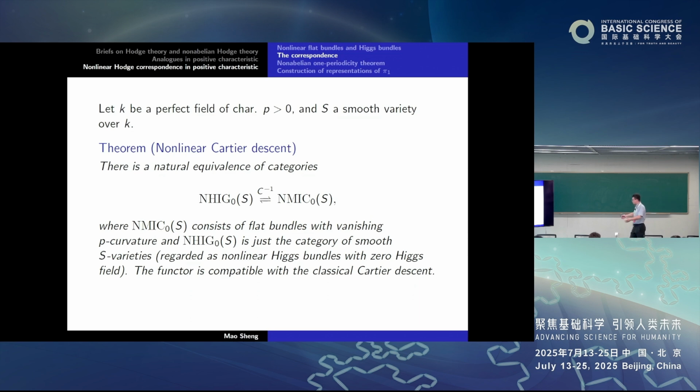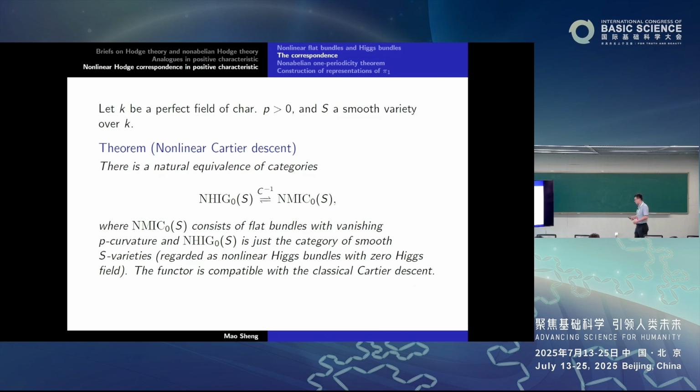You have a smooth morphism over S, which we regard as a nonlinear Higgs bundle with zero Higgs field. Interestingly, this category corresponds to some objects which are pairs: a smooth morphism over your base equipped with a canonical connection, defined as above, with vanishing p-curvature.